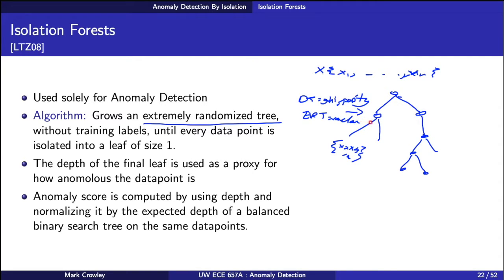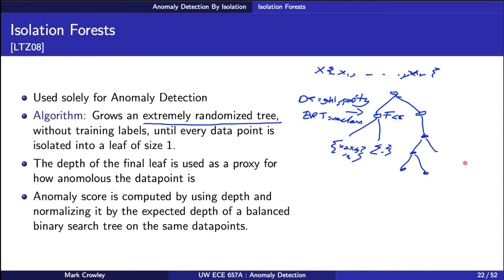We sample from some distribution and figure out which feature to split on, and if the value is less than some other random threshold that we pick, then we go left, and if it's higher, we put them in the right, and we have two different sets of data points. So we have these all being random. So why would that help for anomalies?